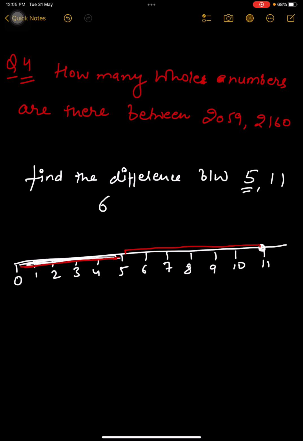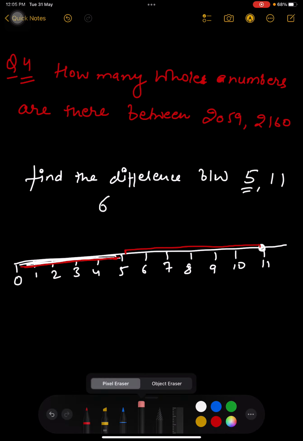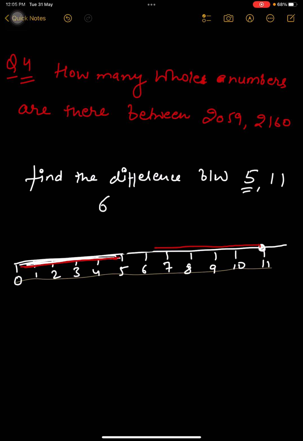I have subtracted 5 as well, right? So what types of whole numbers am I left with now?